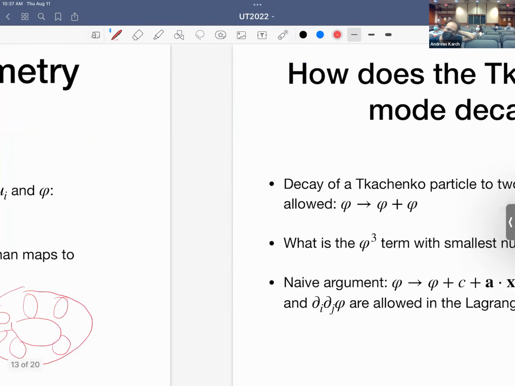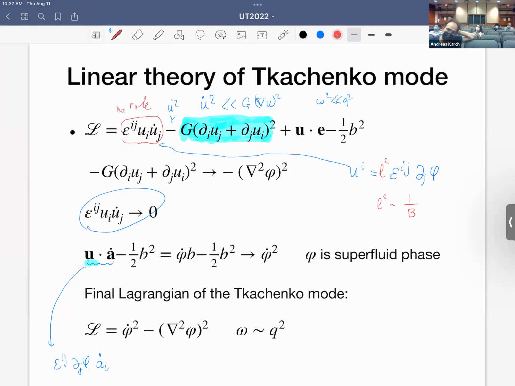I think I used to have a good argument why we don't have a phi goes to minus phi symmetry. It isn't any symmetry that the microscopic theory would have. The microscopic problem doesn't have this kind of Z2 symmetry, so it would always appear at some point. Yeah, I'll show you where it appears.